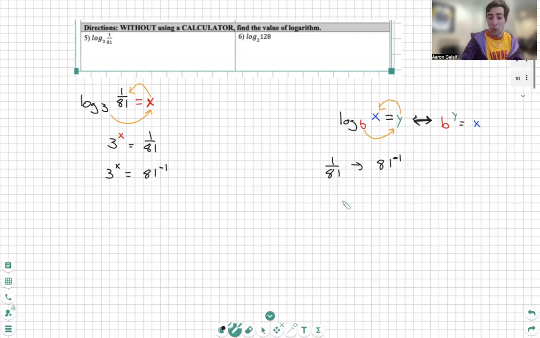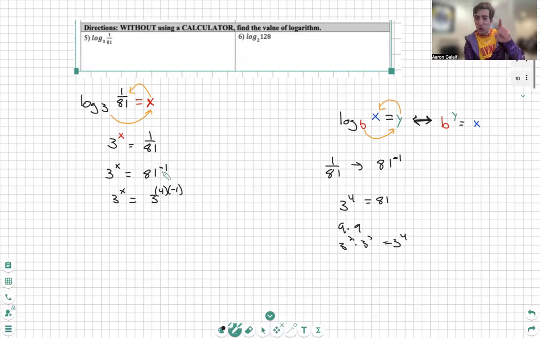So what we need to remember is, what is 3 to the power of what gets me 81? We can recall that 3 to the power of 4 does, and if you need help remembering, 9 times 9 is 3 squared times 3 squared, which gets us 3 to the 4. And that is going to get us to that 81. Okay, perfect. I'm going to rewrite 3 to the power of 4 in parentheses and keep my original exponent.